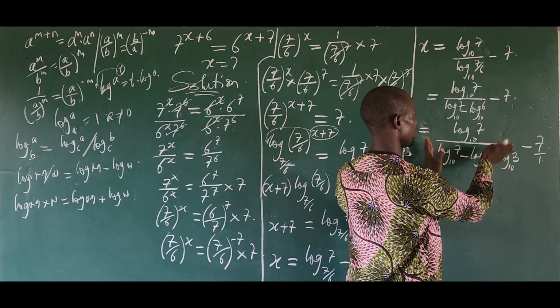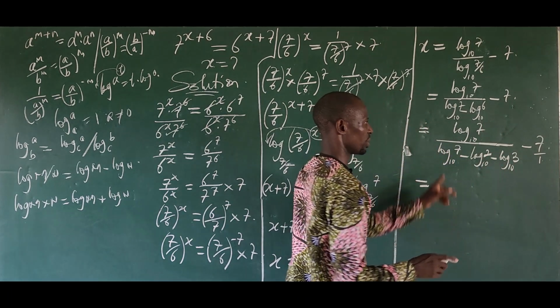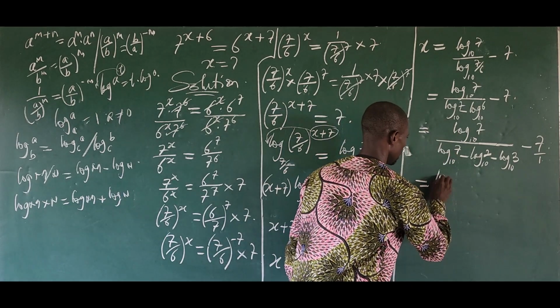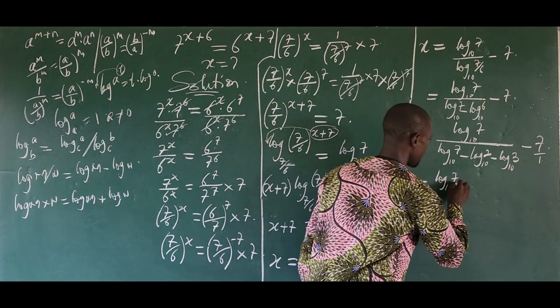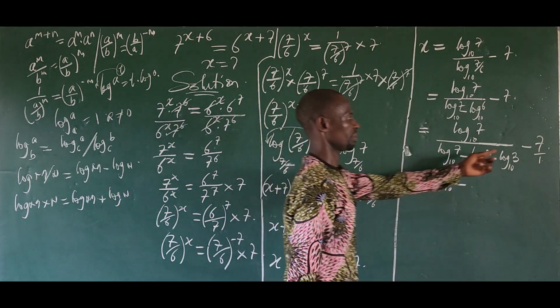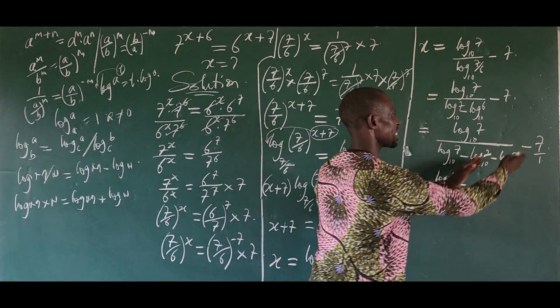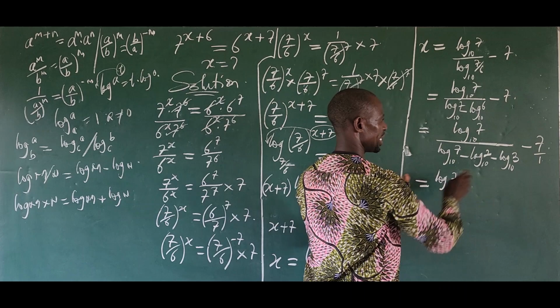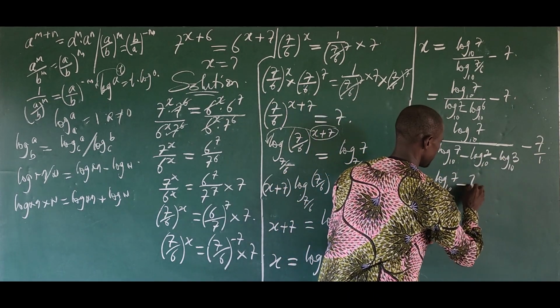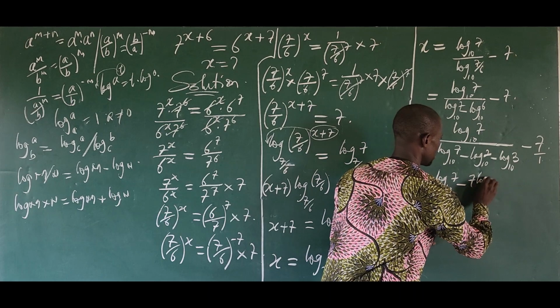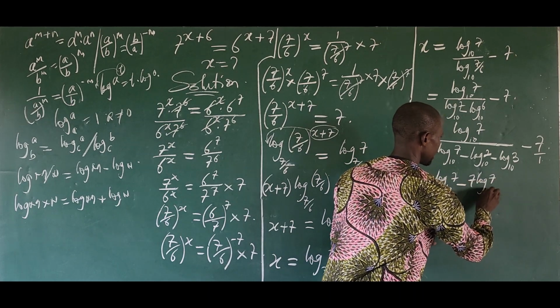So this divided by itself will give us 1, times this is going to give us log 7 base 10, then minus 7 times everything in here. So this is going to give us minus 7 log 7 base 10.